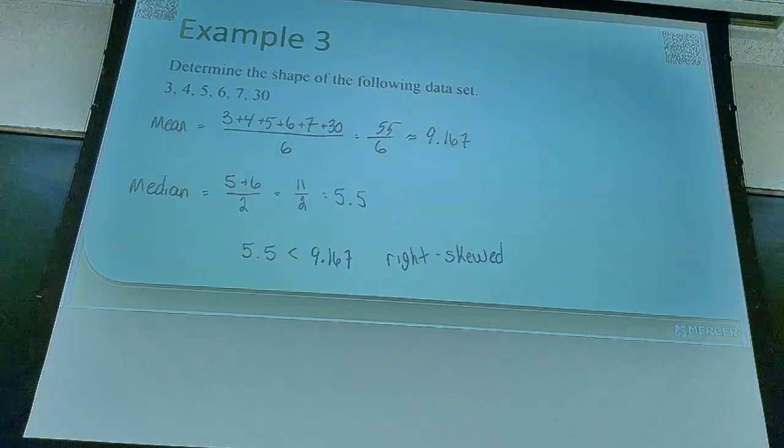Take out 30. And you can just look at that and see that 30 is kind of an oddball.